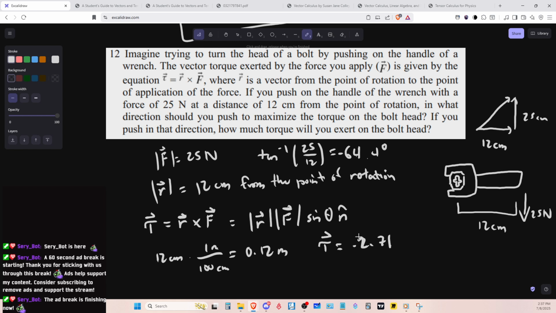The one thing that makes me not sure of my answer is that we got a negative number, and I think the reason is that it's below the horizontal. We have to actually tighten the bolt.